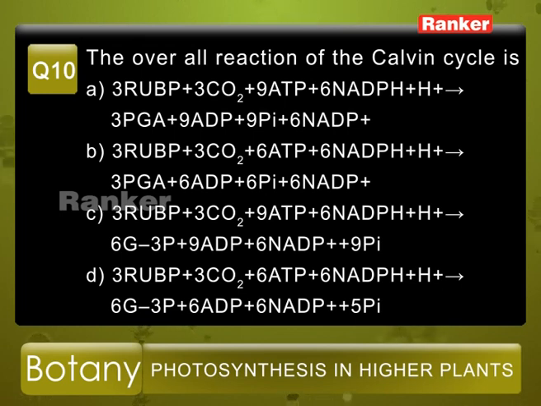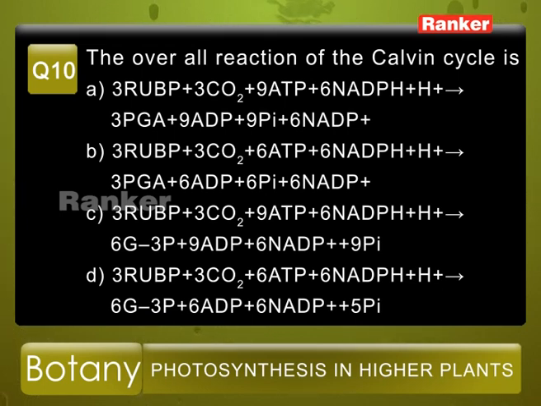Option B, 3 RuBP plus 3 carbon dioxide plus 6 ATP plus 6 NADPH plus H plus giving rise to 3 PGA plus 6 ADP plus 6 inorganic phosphate plus 6 NADP plus.